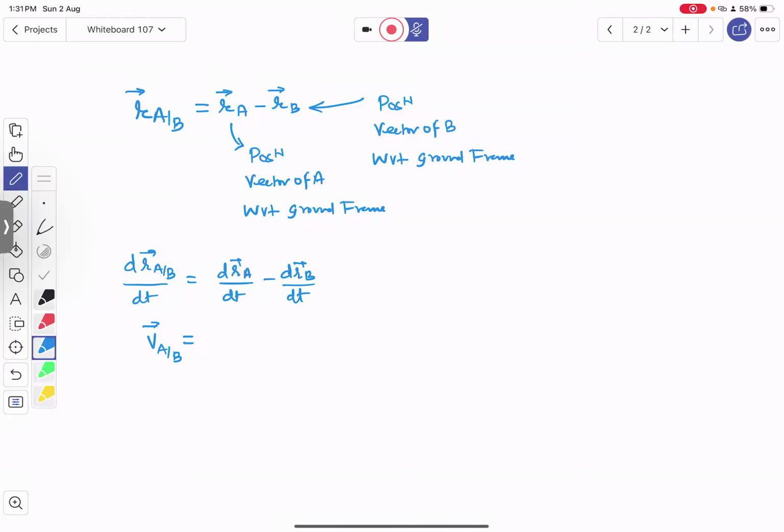So that is the rate of change of position of A as seen from ground frame, what I must write down as VA. By that we mean velocity of A from ground frame. Same way this will be VB, velocity of B with respect to ground frame.